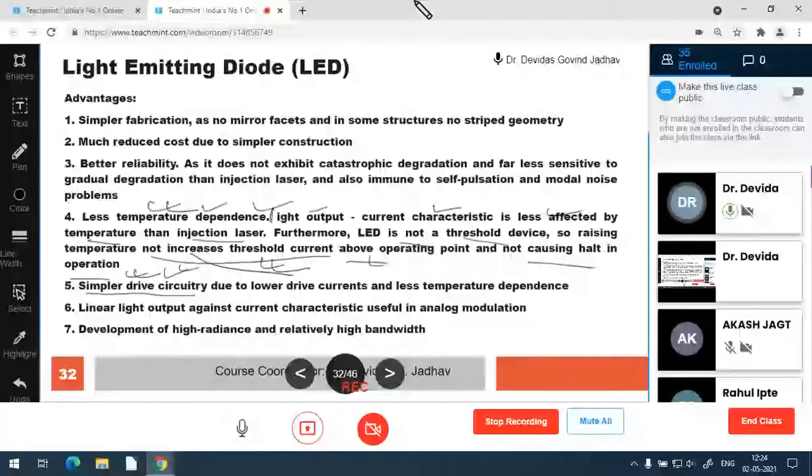So this is due to the lower drive currents and less temperature dependence. Simple drive circuitry: just a resistor and a power supply can make the drive circuit.